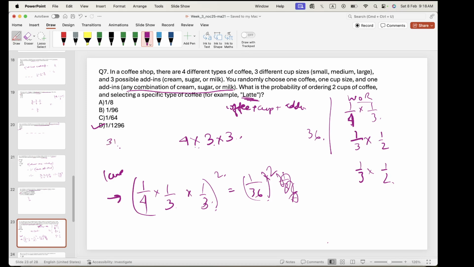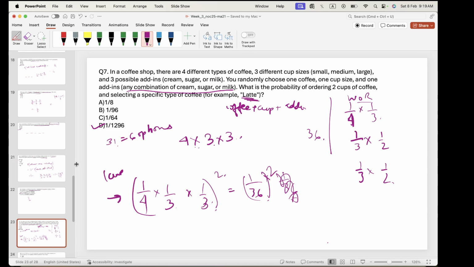So in that case, I would have 6 options for this thing. I could have cream, sugar, milk, cream sugar, cream milk, sugar milk.